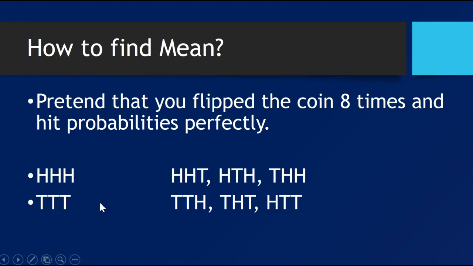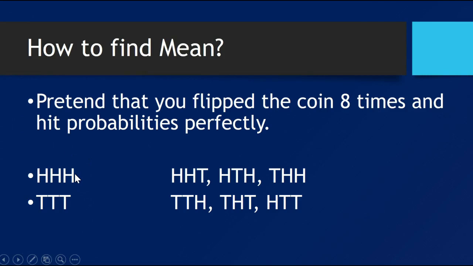So how do we find the average? Well, here's what we do. We pretend that each of these possibilities happened once. So let's pretend you did the experiment and I did the experiment and 6 other people did the experiment. So a total of 8 experiments happened. And each of us got one of these unique sequences. Well, how would we calculate the average number of heads here?